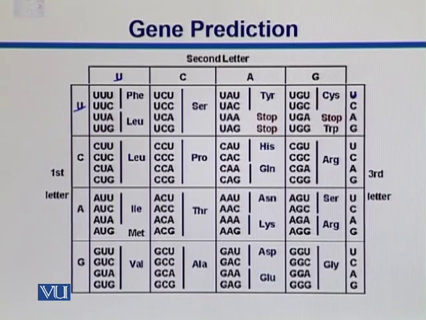How do we get to it? We try different combinations. Since there are 20 amino acids and 4 nucleotides, if we take a sequence of one nucleotide like A, T, G and C, we might end up representing only 4 amino acids.